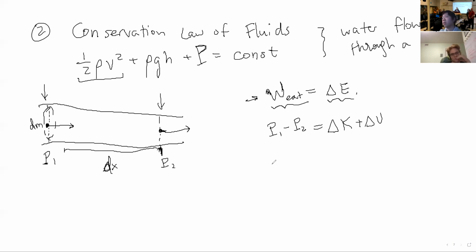Okay, now I think I have something. P1 minus P2. Yeah, work equals force times distance. But then the work is equal to dx times F1 minus F2, and this is equal to the change in area times pressure, right?